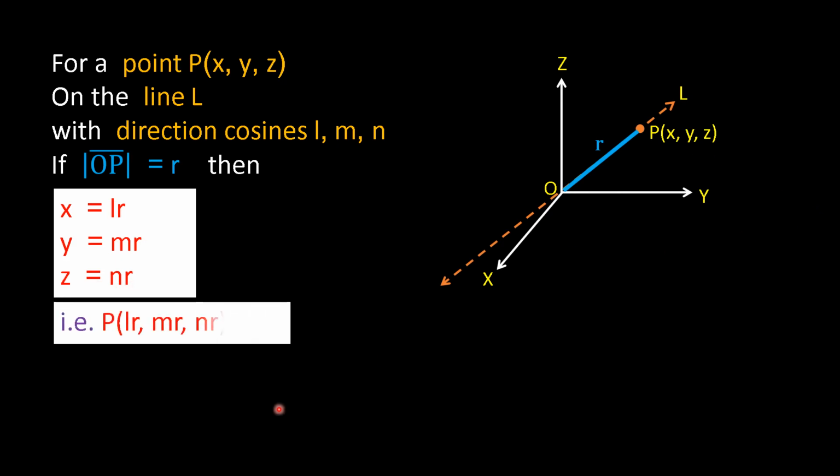So we get the coordinates of P as lr, mr, nr. We will solve some representative problems based on the concepts that we have just understood.